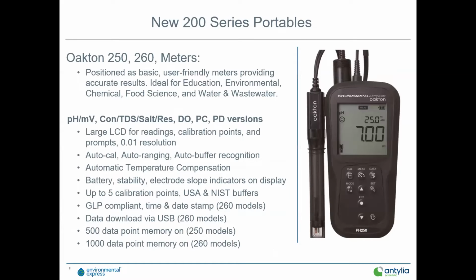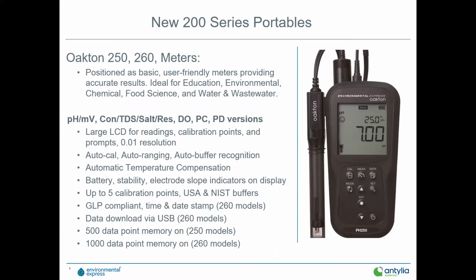So next, I wanted to talk about our new 200 series portables. These are a basic user-friendly meter used in industries throughout the world. We offer the 250 and 260 models.